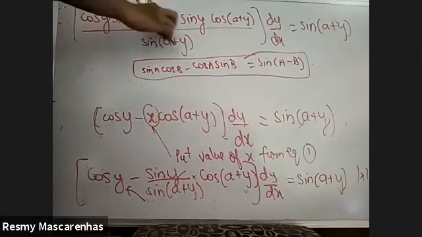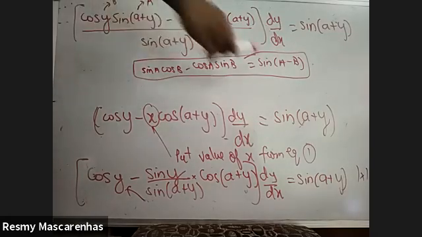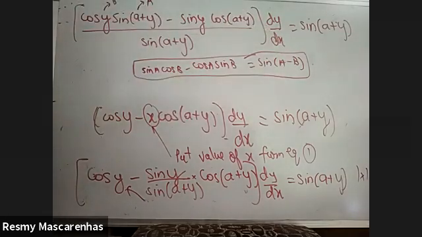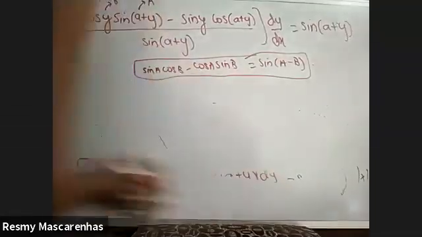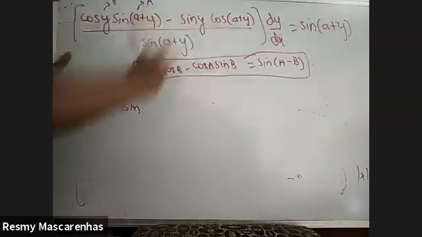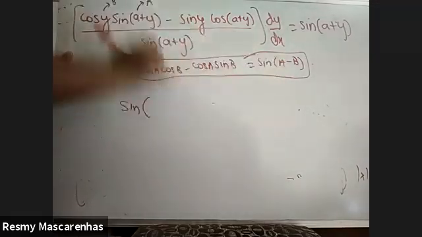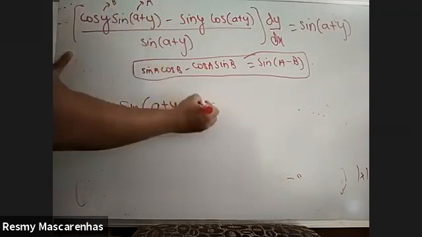Sine a cos b minus cos a sine b form it is, and straight away the answer will be sine of a minus b. A plus y is nothing but a and y is b. So using that formula, the next step I will get is straight away sine of a minus b. So this is a minus b.